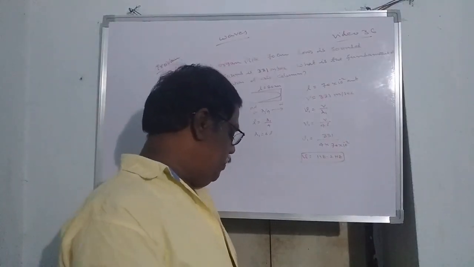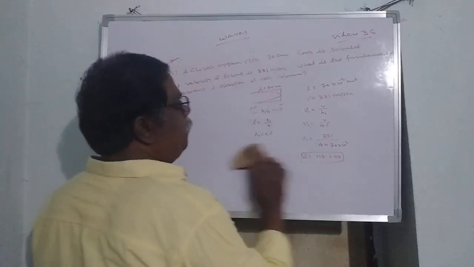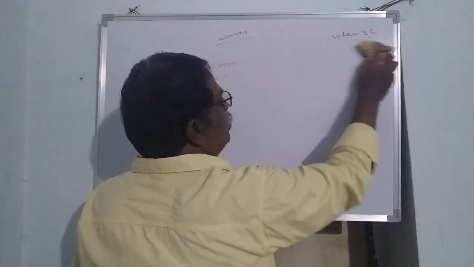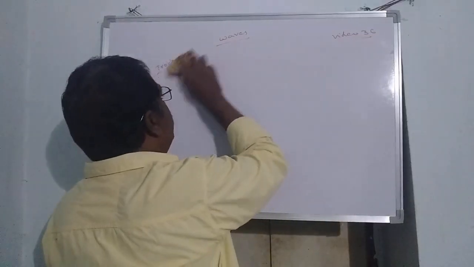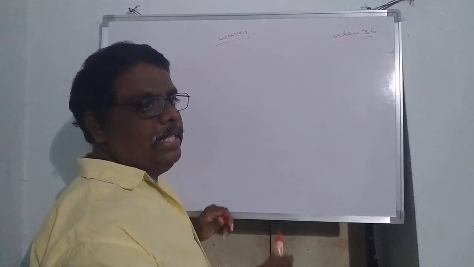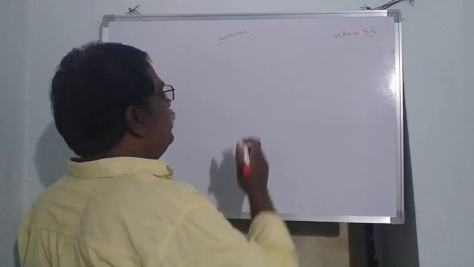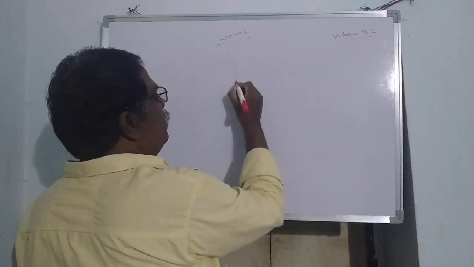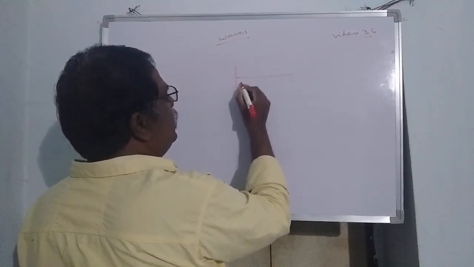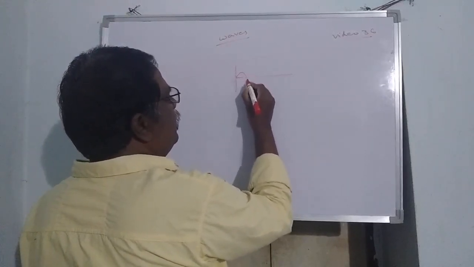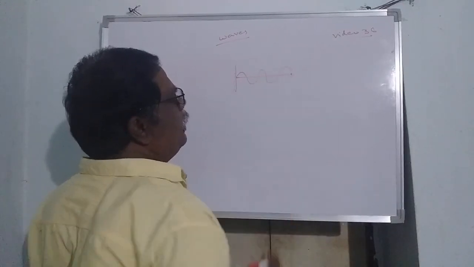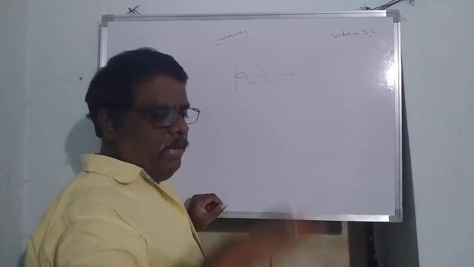So the next topic is laws of transverse waves in a stretched string. There are actually 3 laws in transverse waves. This is the stretched string. One end is fixed, another end will be free. Suppose you disturb it here, it gets a vibration.